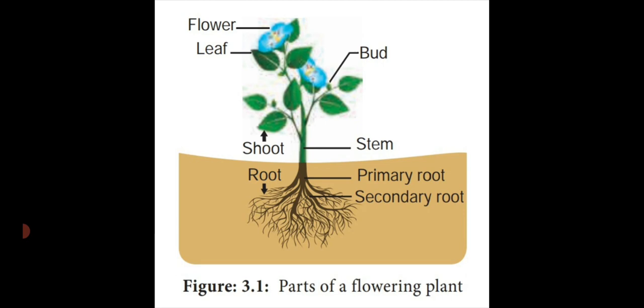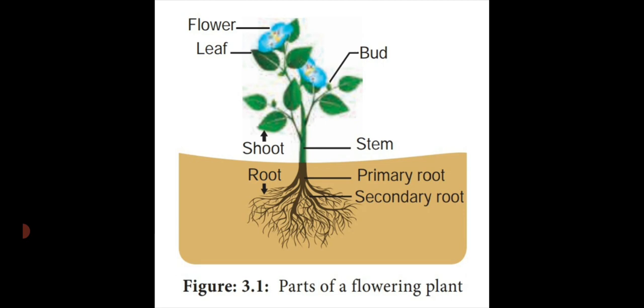Dear students, the shoot system consists of stem, leaf and bud. In the stem portion, where the leaves are arising or producing, that is said to be the nodal region. The gap between two leaves is said to be, what is that one?